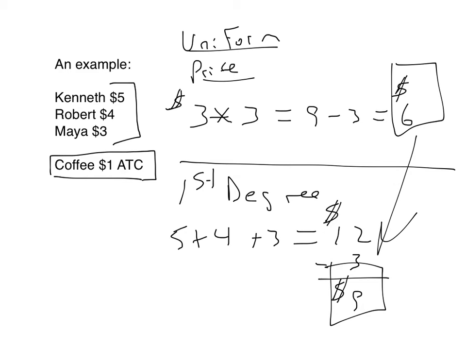Price discrimination is not possible in some markets. There's actually 3 conditions. I'll try to squeeze those in here. There are 3 conditions in order for a firm to engage in price discrimination. First, the firm must have market power. It must be a price searcher.